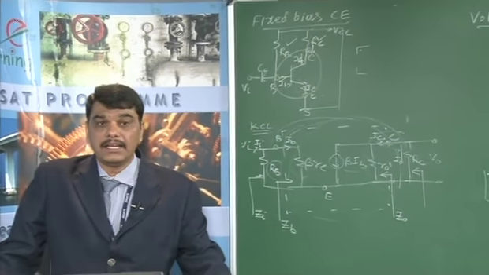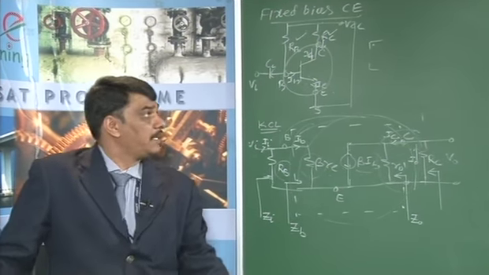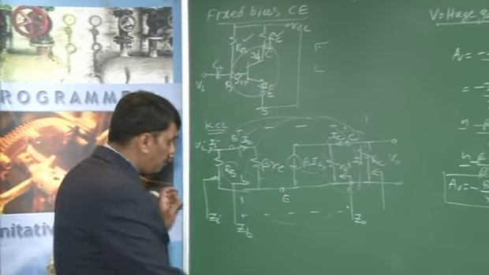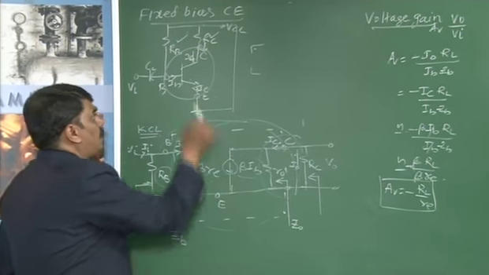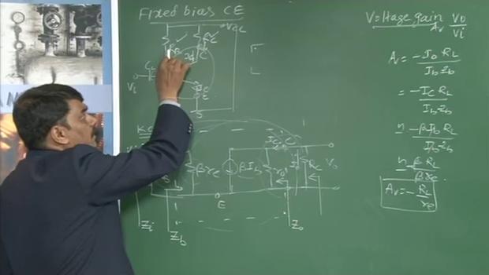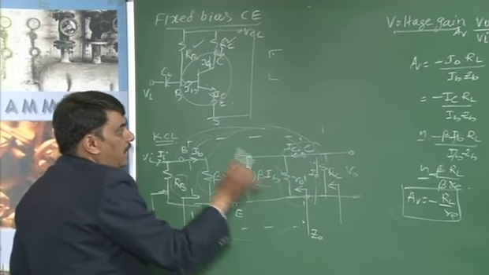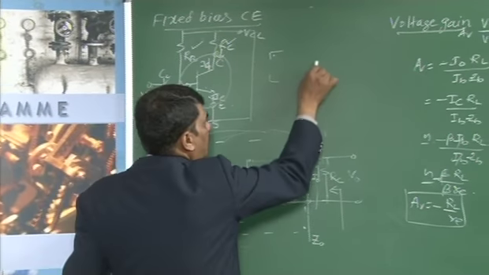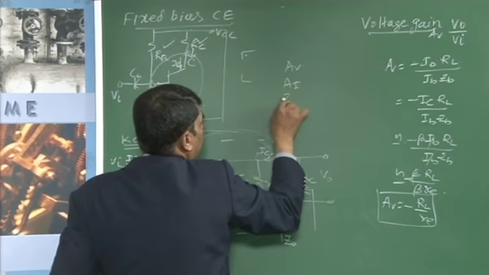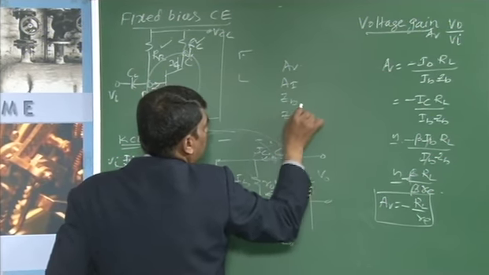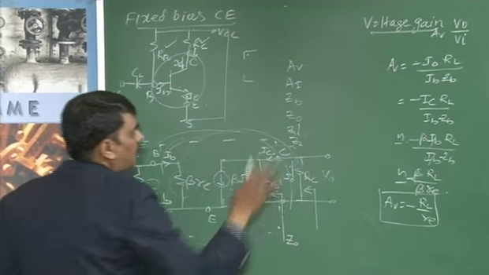Then we analyzed the re model with a fixed bias circuit, and finally we concluded that for any circuit you have to replace the transistor with its equivalent model, transfer the external components RB and RC while setting VCC to ground, and then analyze that circuit for the four important parameters: AV, AI, ZB and Z0, Z0 dash and Zi. These are the four important ones.